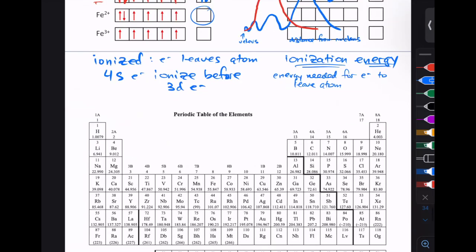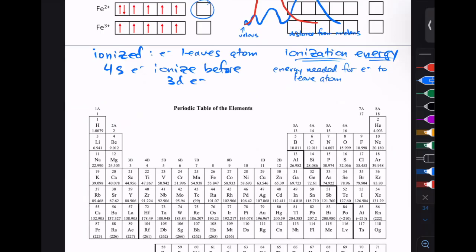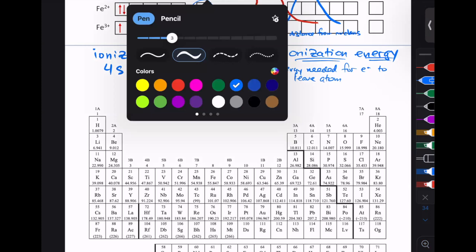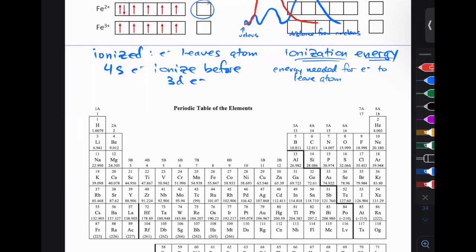All right, here are some other trends that we can describe with the periodic table. So let's look at some other periodic trends that you tend to discuss with this subject. So ionization energy, all right?